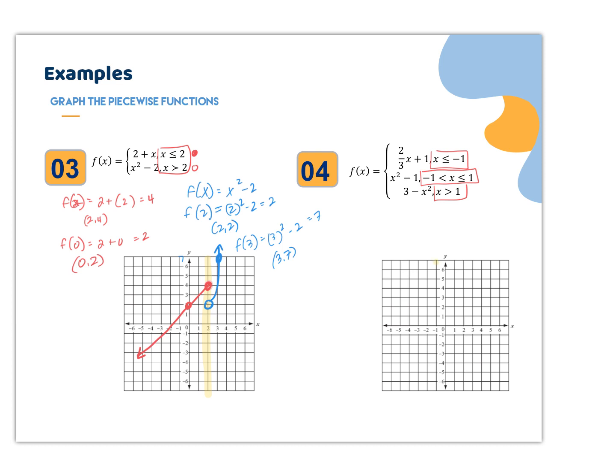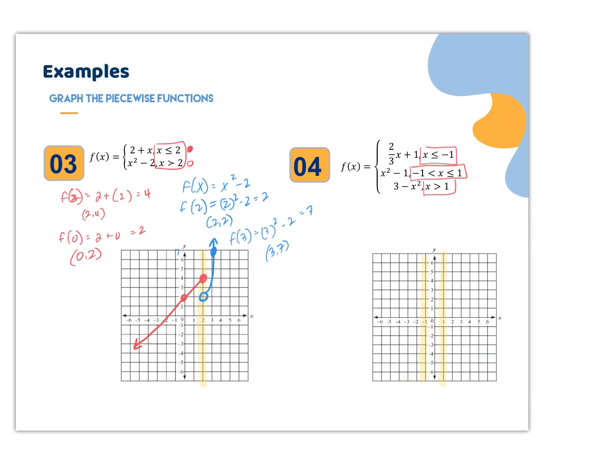We've got the part where x is less than -1, the part between -1 and 1, and then the last part. So there's like 3 parts, part 1, part 2, and part 3. And each one of those sectors or pieces is going to have its own looking graph. So I'm going to start with the first one.